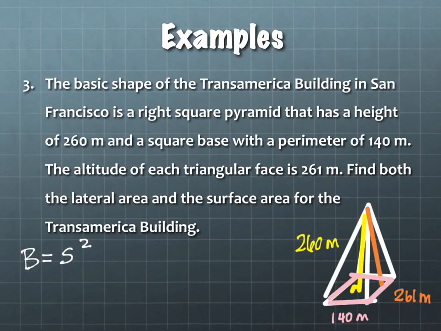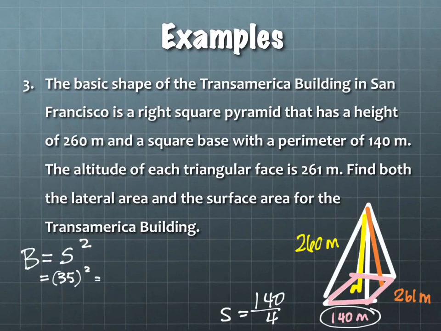What's the side length if I have a perimeter of 140? 35. And how did you get 35? I divided 140 by 4. Correct. If I take 140 divided by 4, that's a side length. Does that make sense? All the sides have to be the same. There's 4 sides, so we can divide by 4. And you're exactly right, Julie. That's going to give me 35. So this is 35 squared.